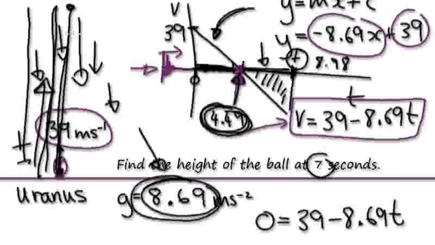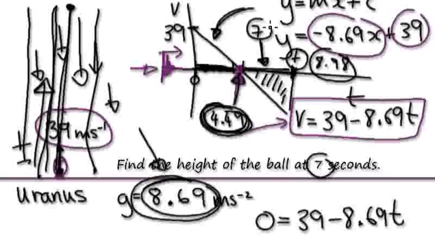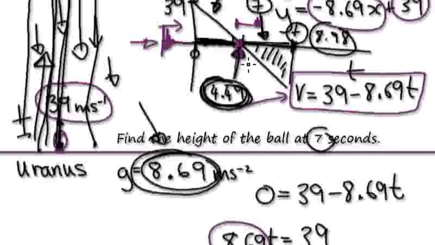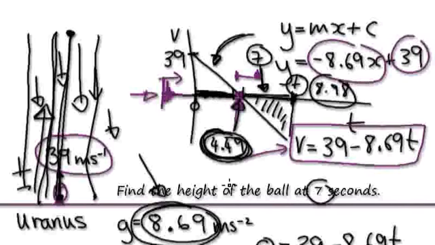When it goes up to maximum height, it takes 4.49 seconds, and then when it hits the ground, the time will be 8.98 seconds. But we want to know the height when it's somewhere in between, at 7 seconds. So find out the time gap between the 7 and the 4.49. The free fall time will be 7 take away this 4.49.